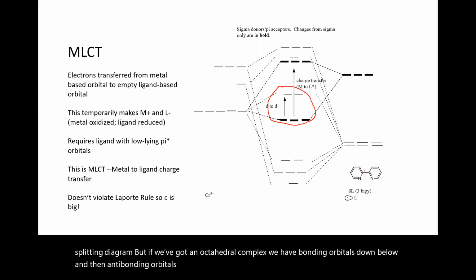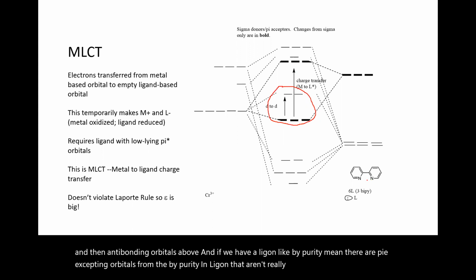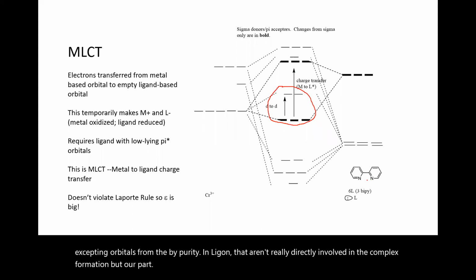And if we have a ligand like bipyridine, there are pi accepting orbitals from the bipyridine ligand that aren't really directly involved in the complex formation, but are part of the overall complex.